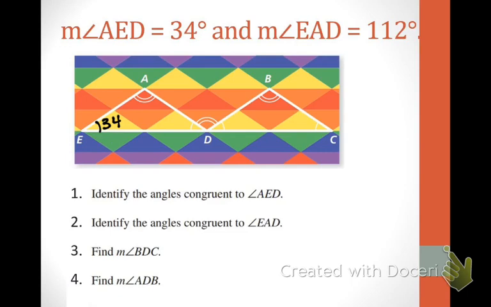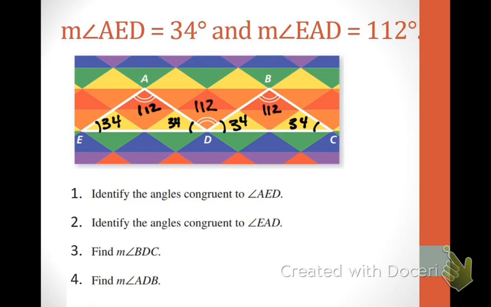So everywhere that there's one arc, it's going to be how many degrees? 34. And then the second portion, the measure of angle EAD is 112. So EAD is this angle. So everywhere there's 2 arcs, how many degrees is that going to be? 112. So 112 and 112.